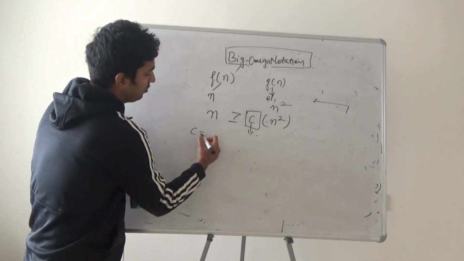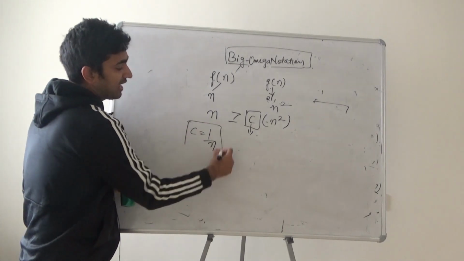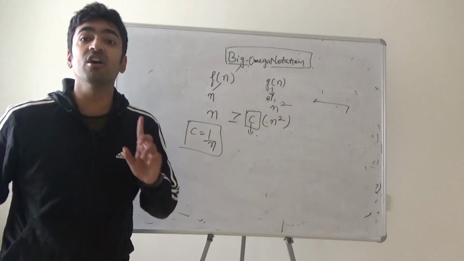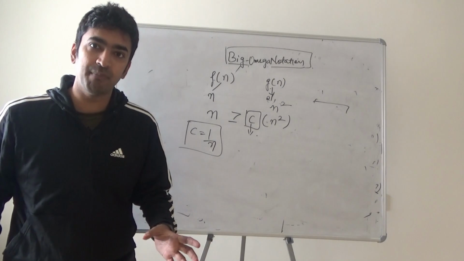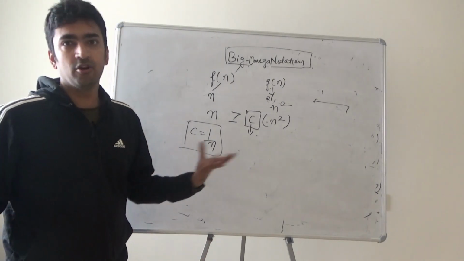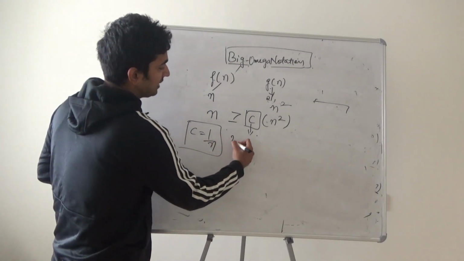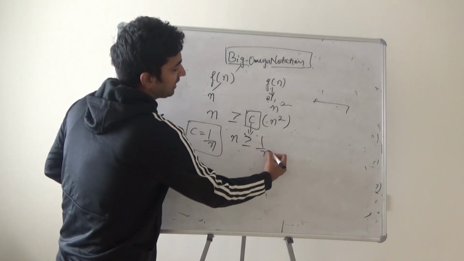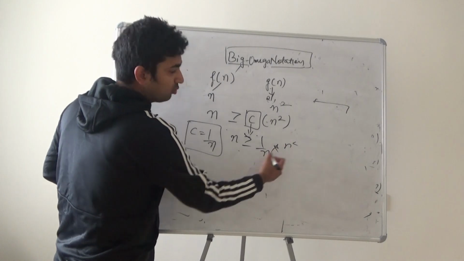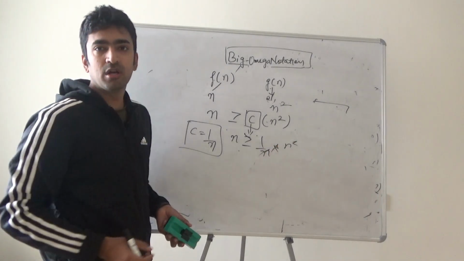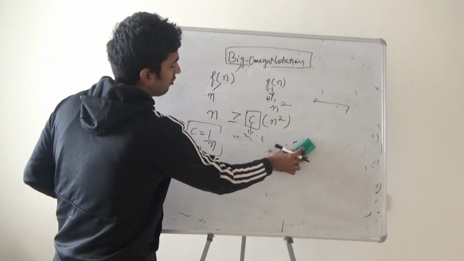If I put the C value as 1 by n, as I have already said, C is a constant, it cannot be a power of n, it cannot be a variable. So we could say n is greater than or equal to 1 by n square, but this cannot actually work out. Why? Because C cannot be a power of n.